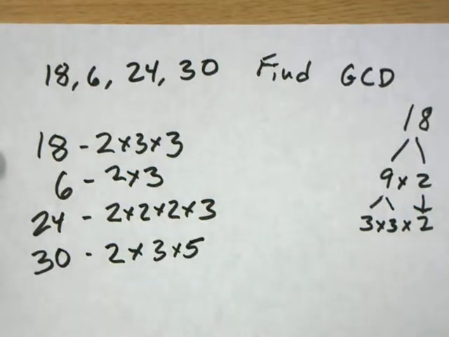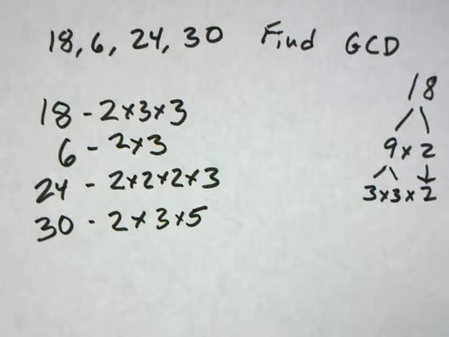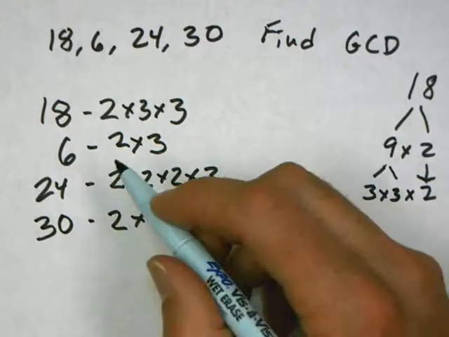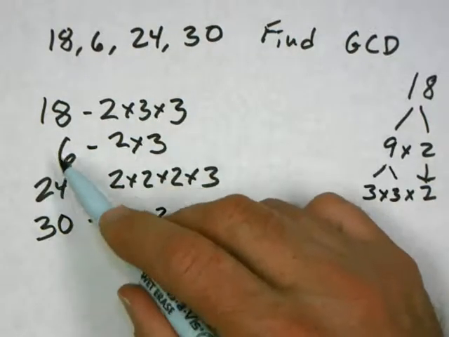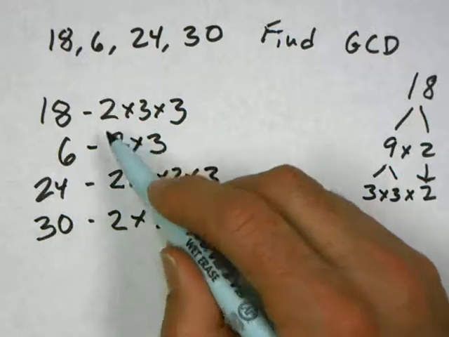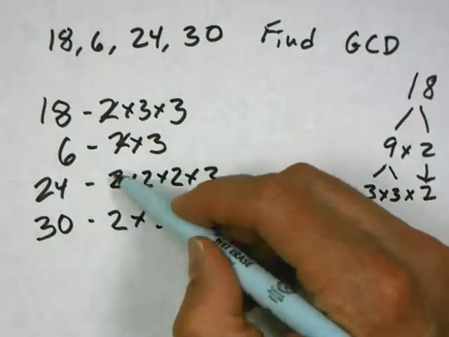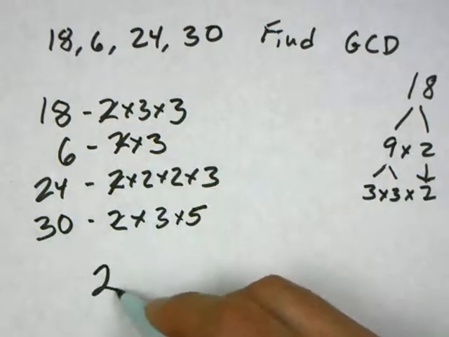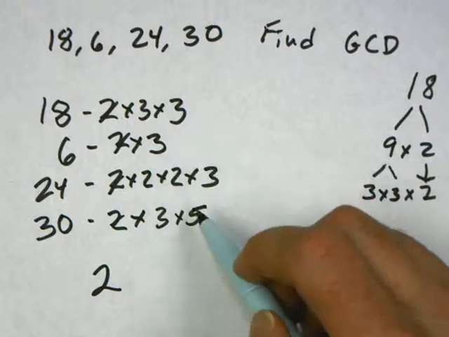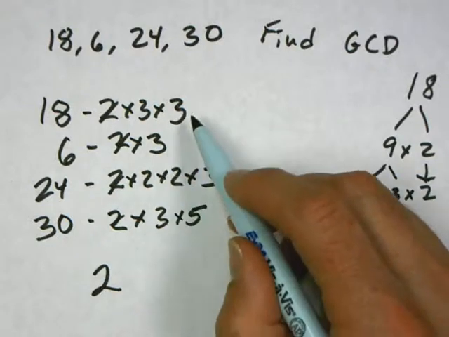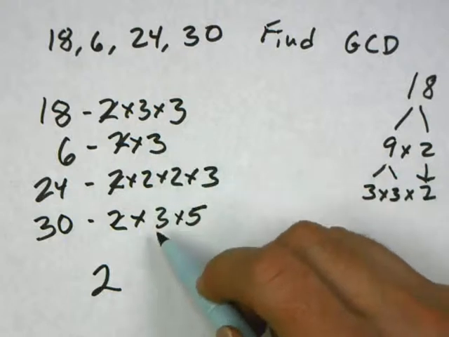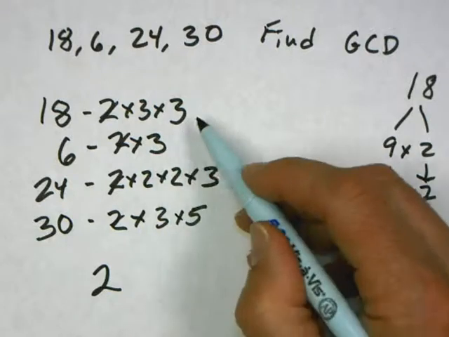Now to find the GCD, or the greatest common divisor, I need to find common factors that are in each of the numbers I'm looking at. Well, I see they all have a 2, so this takes care of this 2. And they also all have a 3. They each have to have that 3, so I take away these 3's.